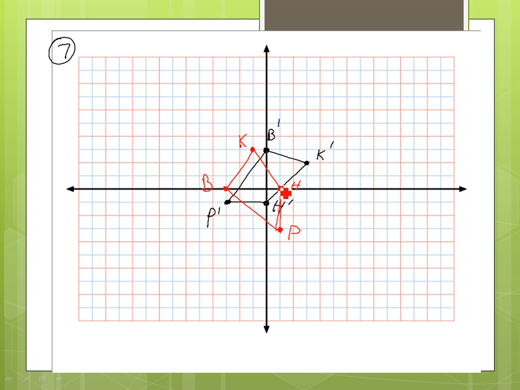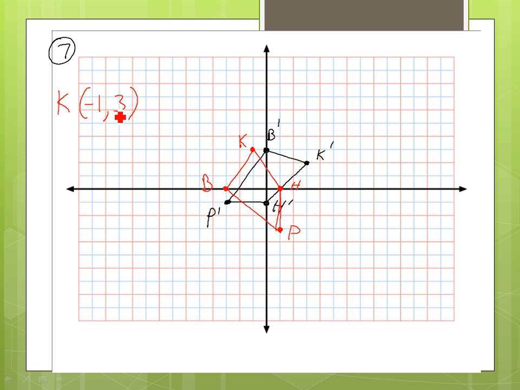And they want to know, what did you do to go from each one? Well, what you can do to figure this out is just pick a point. I'm going to pick K just because it's up there all by itself. Find the coordinates of K. It's negative 1, up 3.